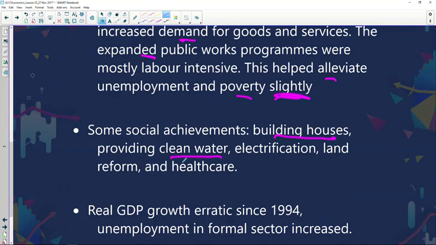More South Africans now have access to clean water, and also electricity in some areas. When you look at communities like Orange Farm, when they started as a community, there was no clean water or electricity in those areas. But you look at that environment now, and you can see that the people have access to the basic needs. So there are some social achievements in terms of the building of the houses.